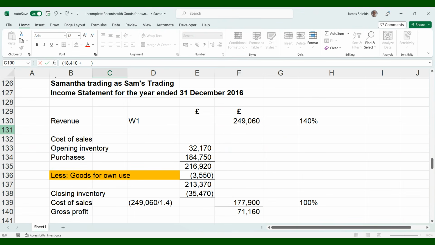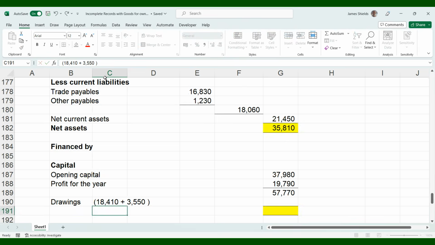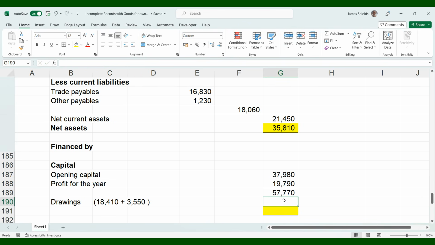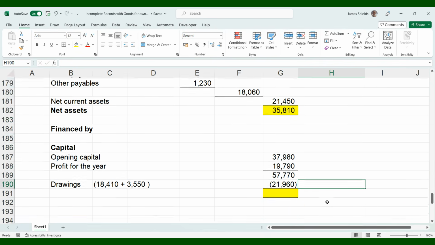So we'll combine them together now. So I'm going to take away the drawings. So it's going to be 18,410, plus another 3,550, which gives me £21,960.